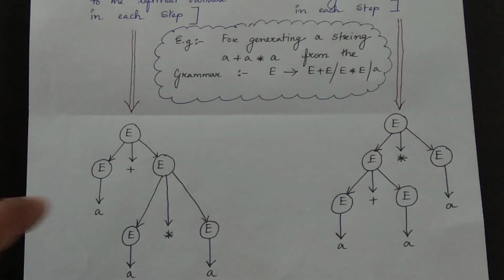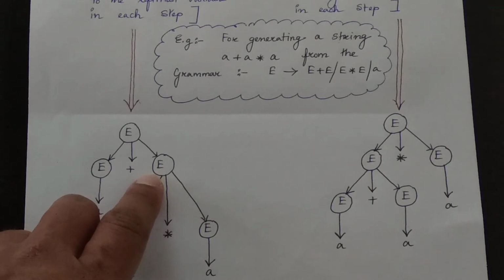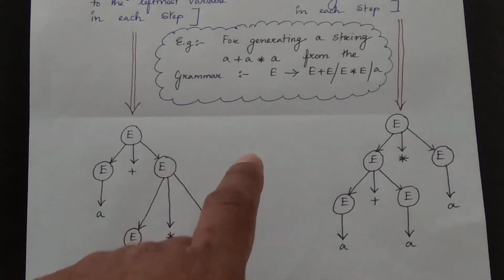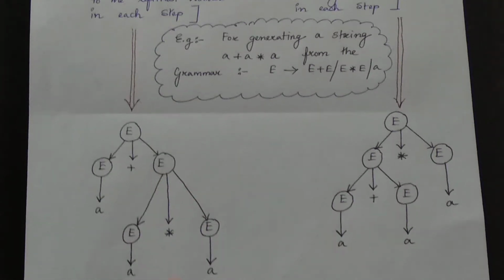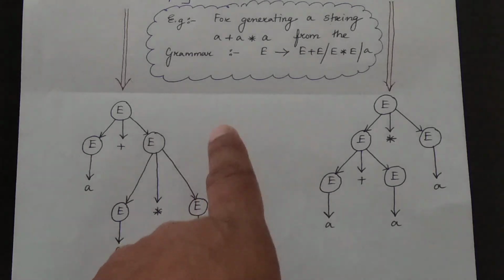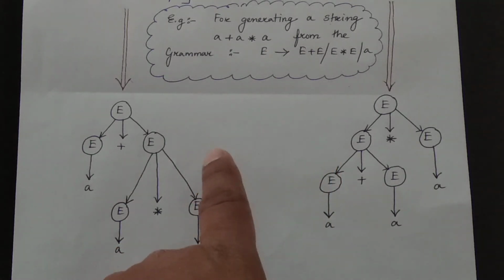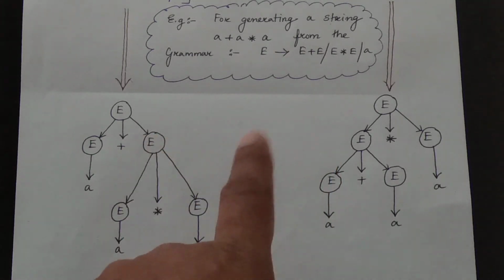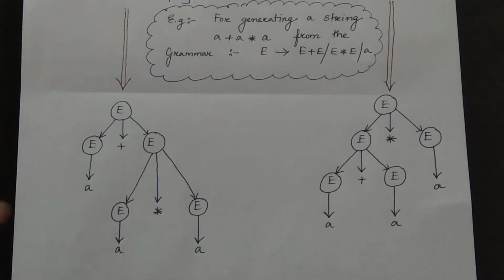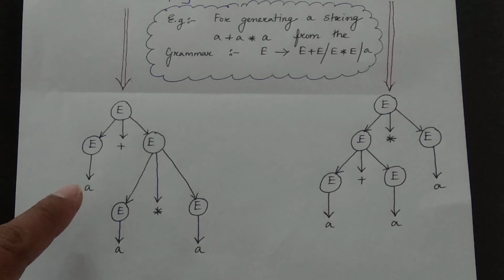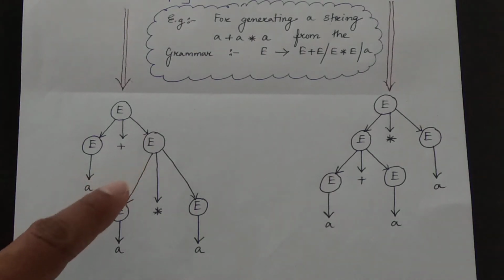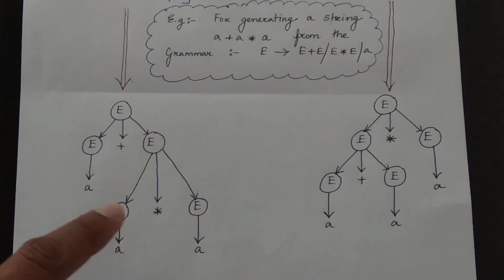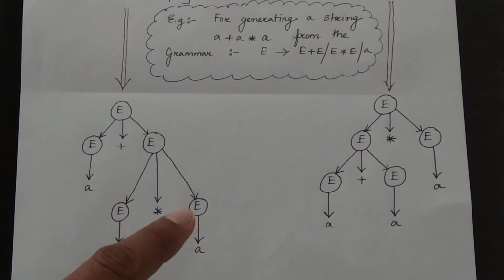Now in this particular production, if you are drawing a leftmost derivation tree, you have to keep in mind, while writing in your examination paper, that you note down in a separate bracket on your right-hand side which production you are using, or you can mention at the last that first I have used E tends to a, then E tends to E asterisk E, then E tends to a, then finally E tends to a.